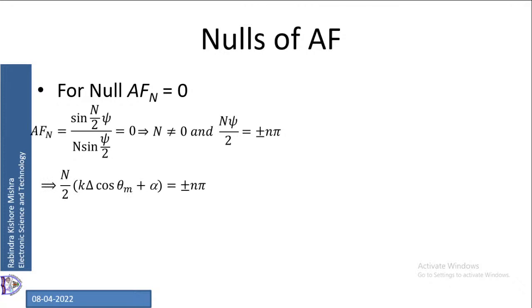So that gives us n by 2 psi, where psi is k delta cos theta m plus alpha. Small m indicates minima.